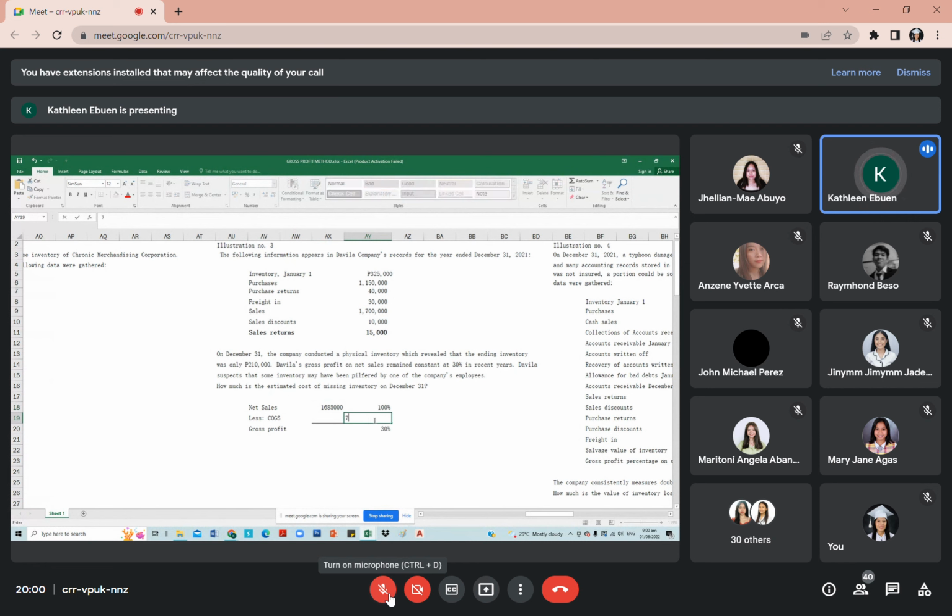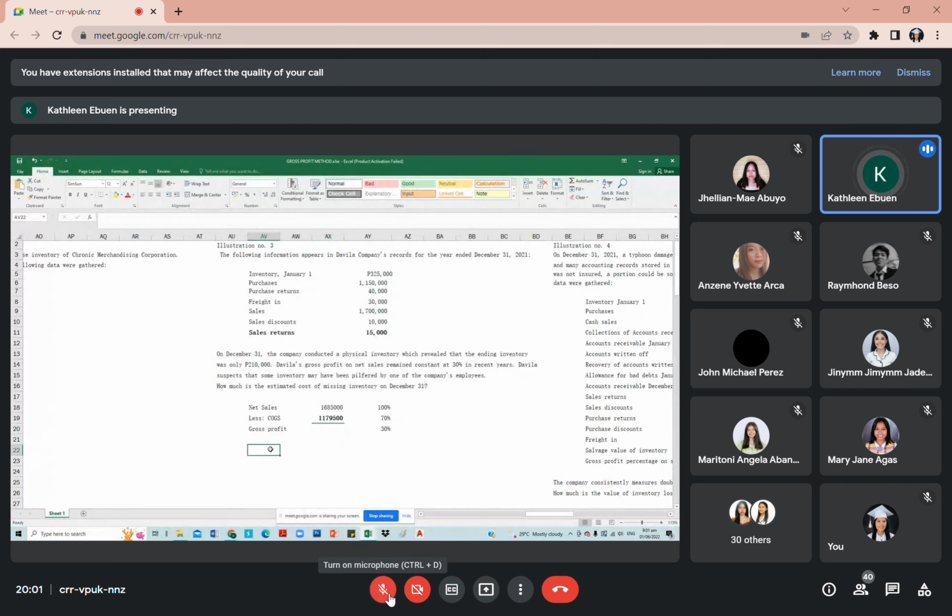The cost of goods sold, of course, 70%. How much is our cost of goods sold? 1,685,000 times 70% is 1,179,500. Okay? So, 1,179,500. So, we no longer need the gross profit.